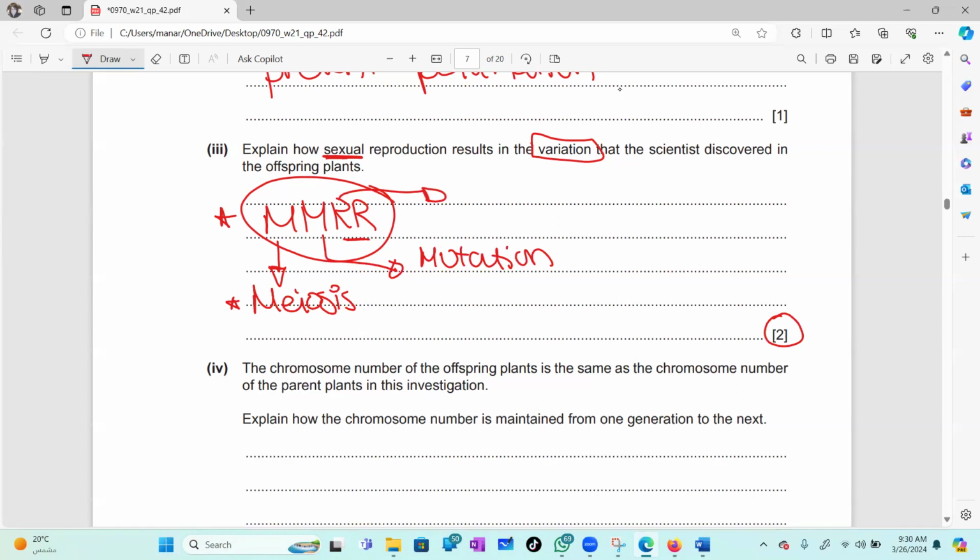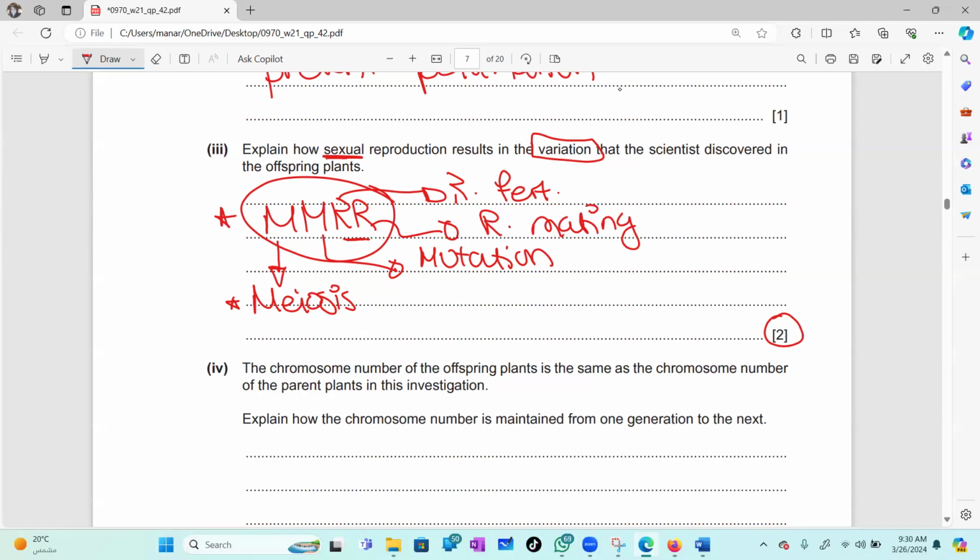The first random is random what? Fertilization and breeding. Very good. Random fertilization. I don't know which sperm will fuse with which egg. That's in the case of humans. In the case of plants, I don't know which pollen will fuse with which ovule. And random mating. I don't know which male will fertilize or will copulate with which female.